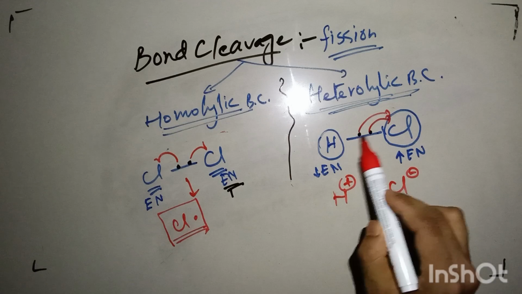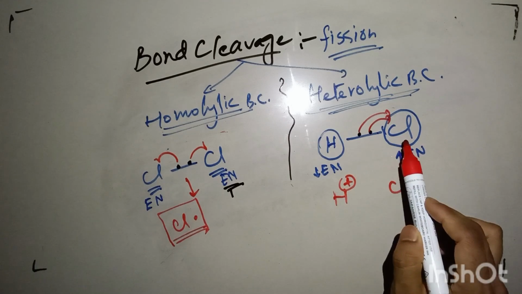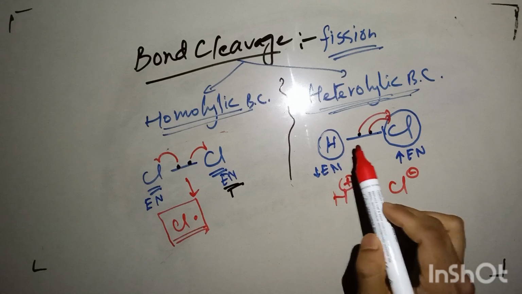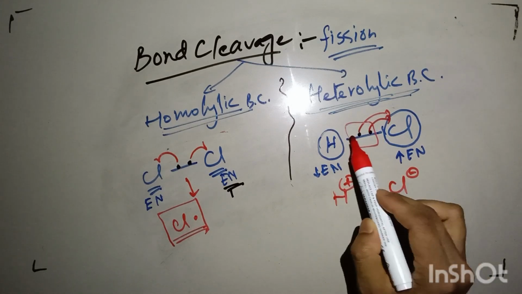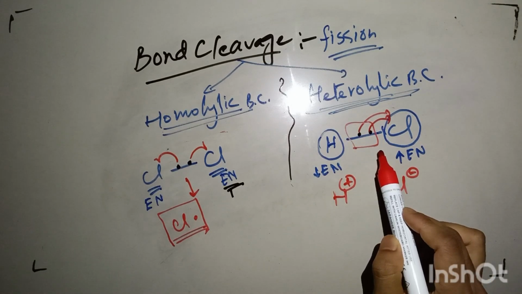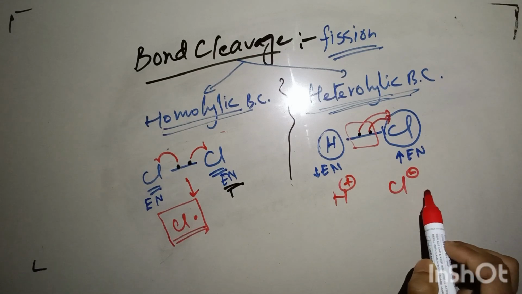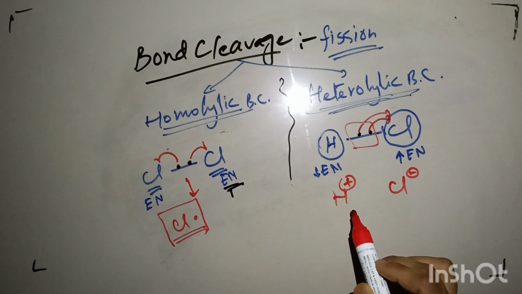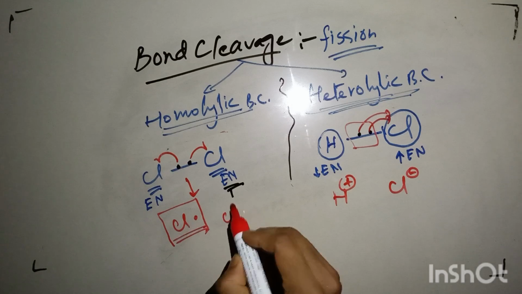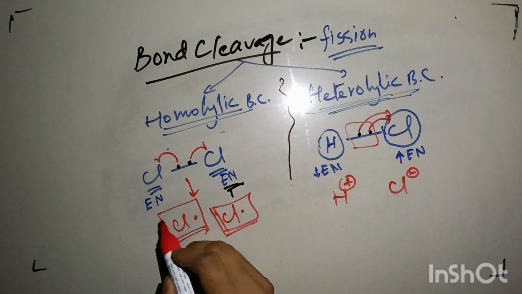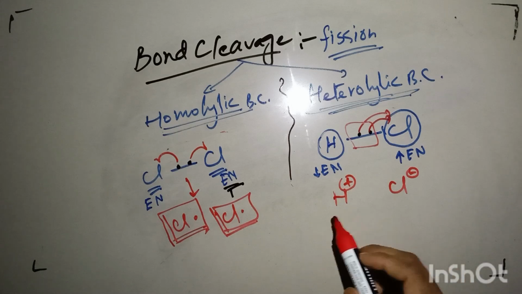Why minus? Because both the electrons are taken by chlorine. Hydrogen doesn't get any electron from this bond, but chlorine got both the electrons. So chlorine will be negatively charged, whereas hydrogen will be positively charged. Here both chlorines will get the same fraction of electrons. So they are homolytic, and these are heterolytic.